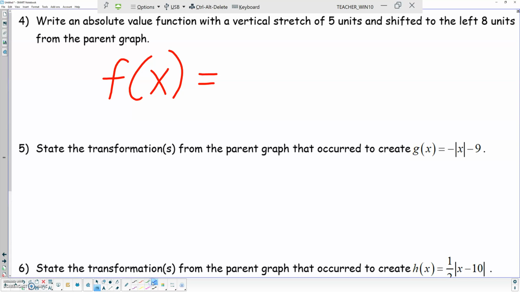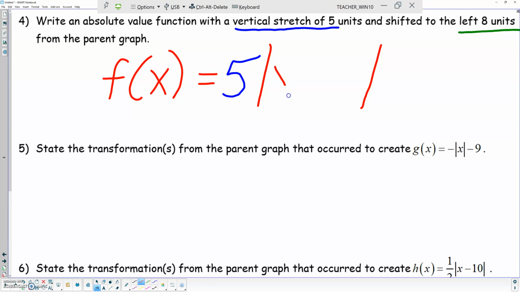Vertical stretch of 5. So that means we're multiplying by 5. So we're going to stick 5 in front. And then shifting left 8 units means we're going to add 8 inside of the function's argument. So that's what my equation would look like.